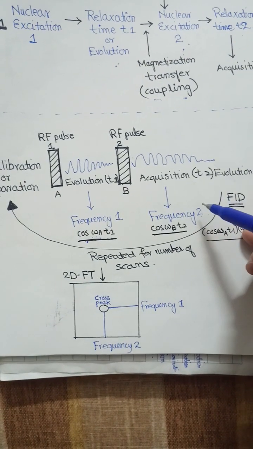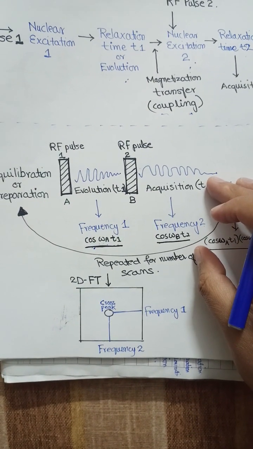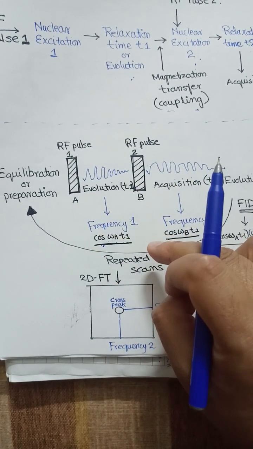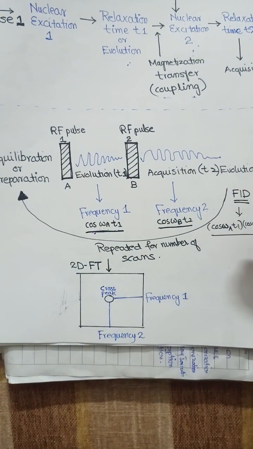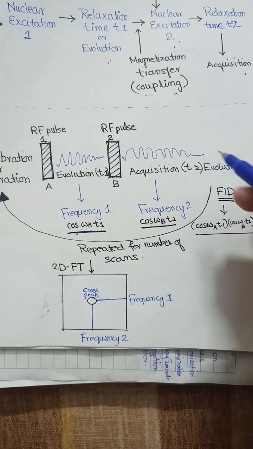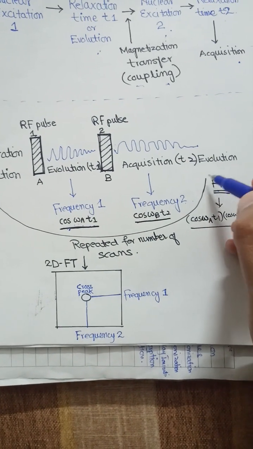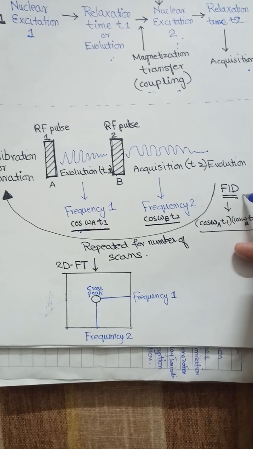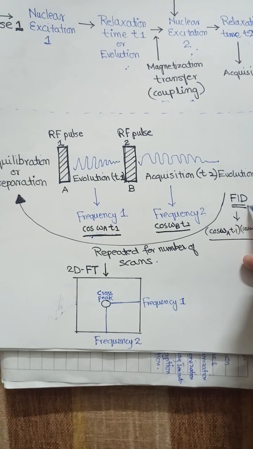This repetition is only to enhance the signal, and after some cycles we get the FID, which is the data acquisition, called free induction decay.